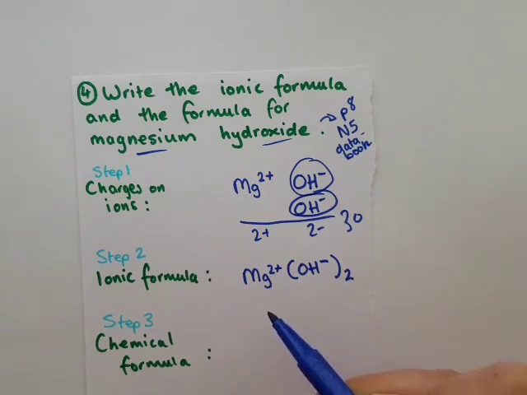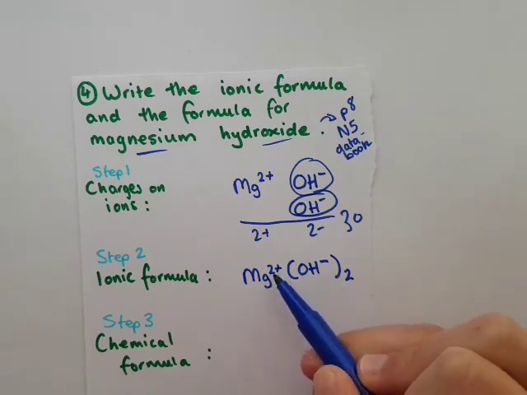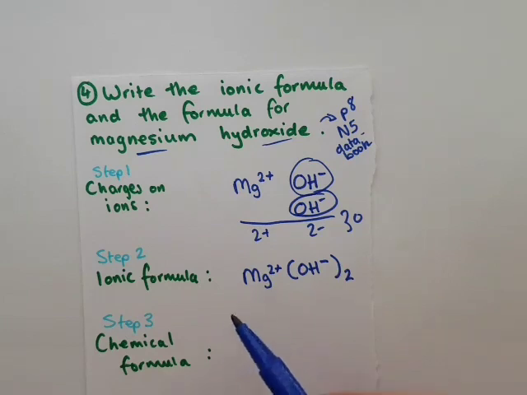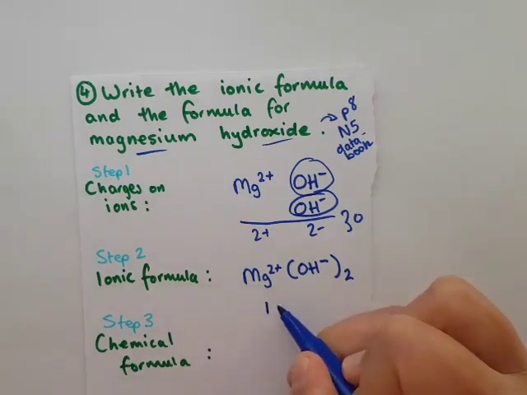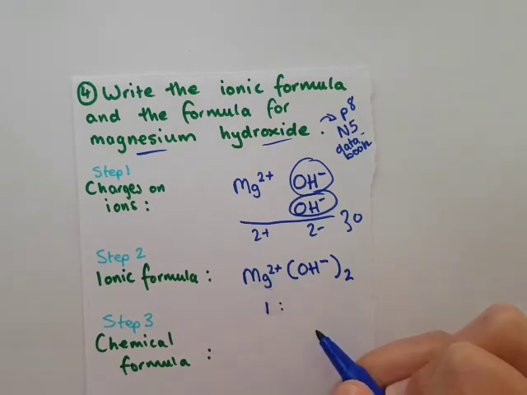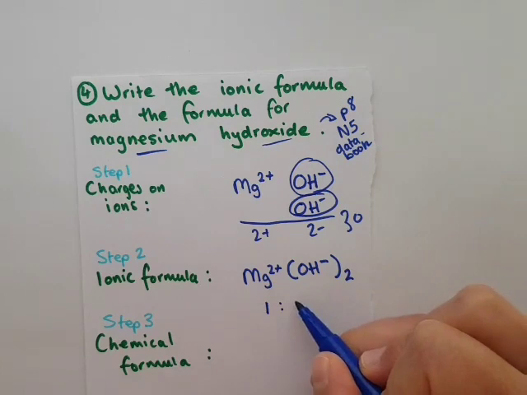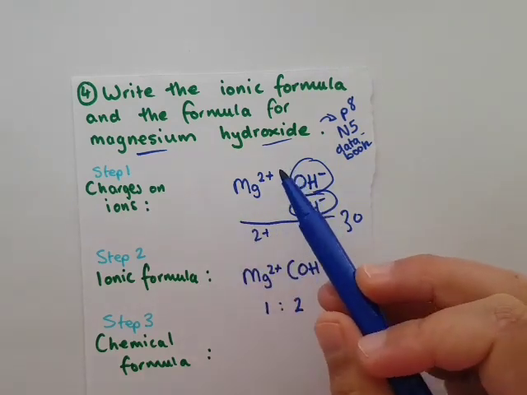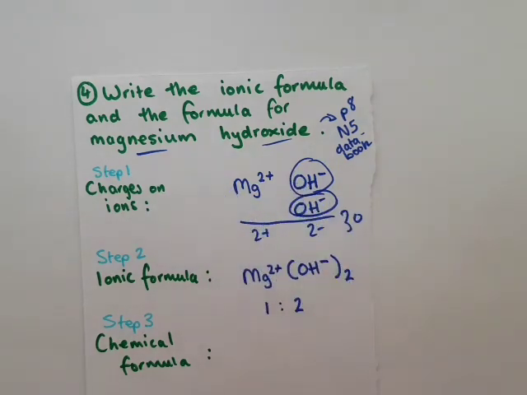So that's my ionic formula, showing both the charges, we've got a 2+ and a 1-, and the ratio of magnesium to hydroxide. So the ratio from this ionic formula is that we've got 1 magnesium, because there's no number to the bottom right, and we've got 2 hydroxides. So magnesium and hydroxide come in a 1:2 ratio in that compound.